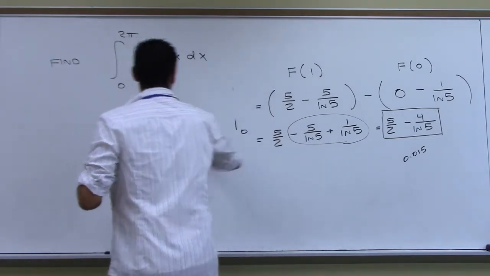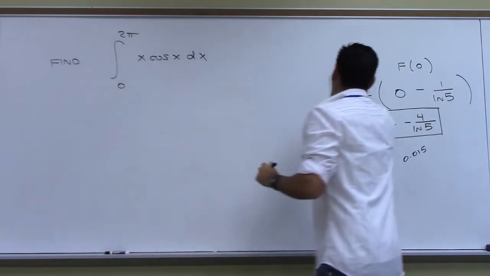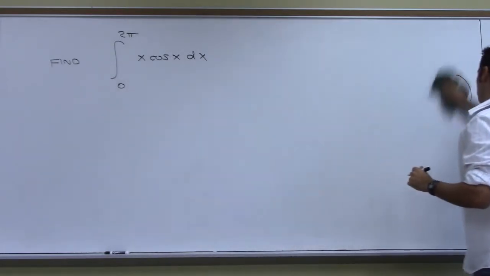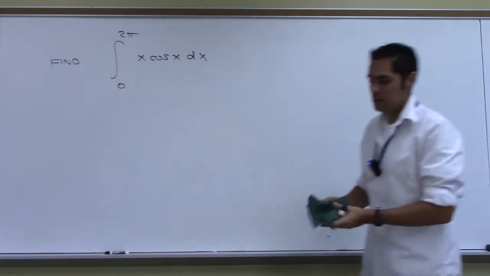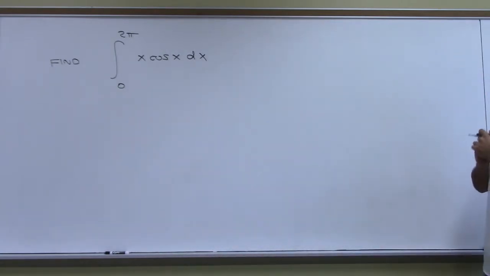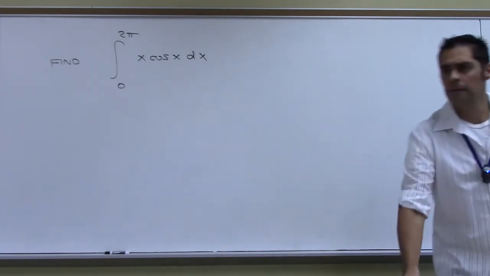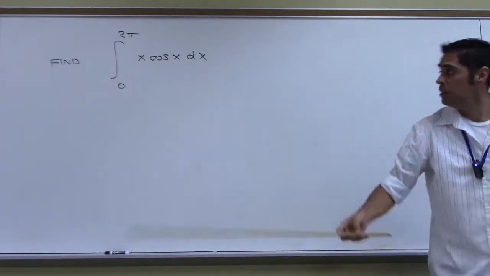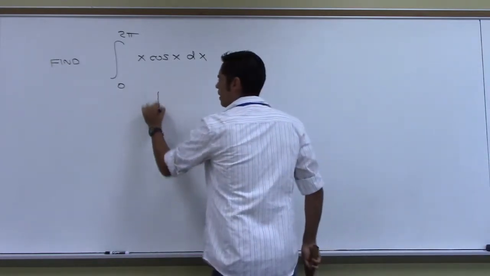So Ron, I don't want to bore you today. So maybe you can help us, Ron. Any ideas on how to get the antiderivative for that? Integration by parts, good. So we're going to create a little table here.